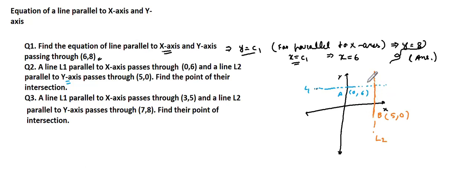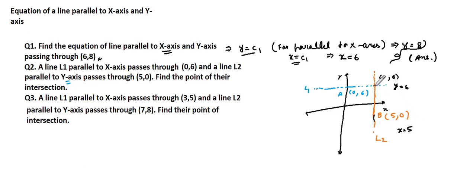So now if you focus completely on their intersection, this point lies on the line y is equal to 6, right? So this point has to also satisfy that. So in order to satisfy that, it will have the ordinate as 6. Now, if we go to this one, B, since this point also lies on this line L2, it has to satisfy the equation x is equal to 5.